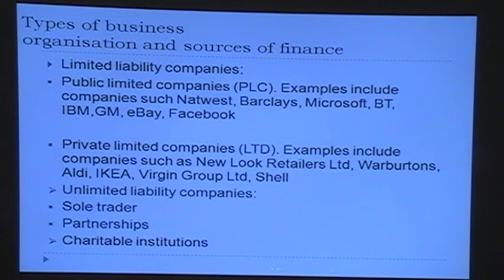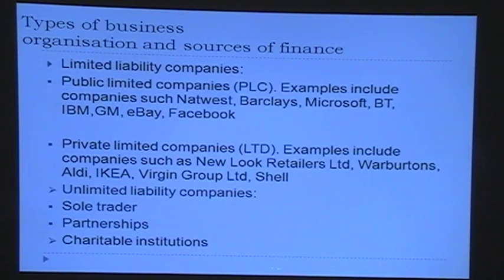Before we move ahead with the sources of finance, it is possible for us to classify businesses according to ownership and legal requirements. We have limited liability companies. We have public limited companies. Examples include NatWest Bank, Barclays, Microsoft, Facebook, eBay. These are companies that can easily be traded in any stock exchange around the world.